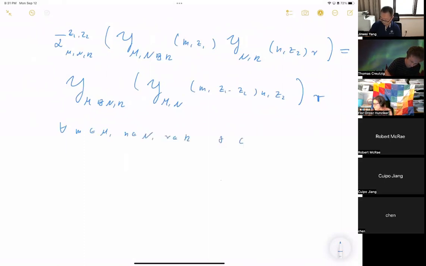And then you also have certain convergence conditions, which I'm not stating now. The point is that the hard thing is to show that you have these associativity isomorphisms.